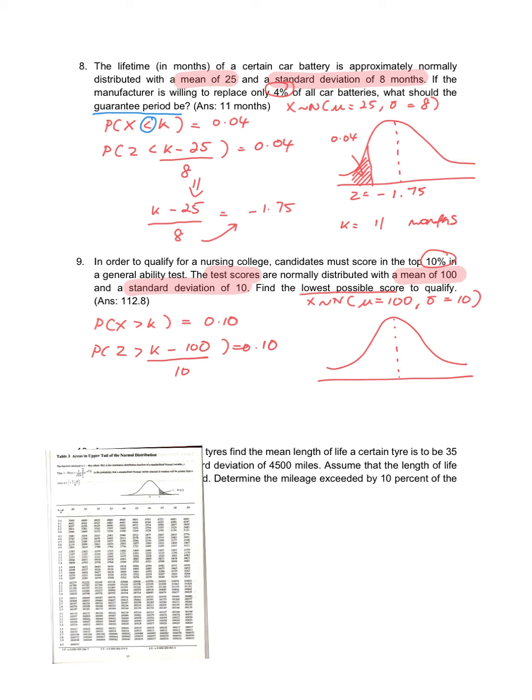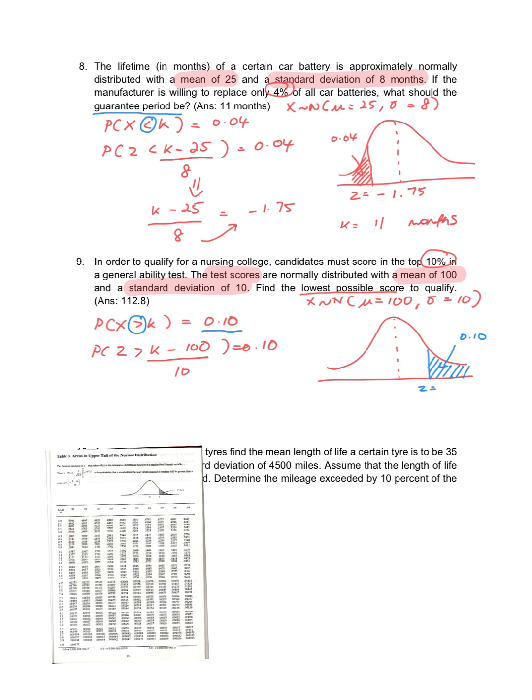The sign are given to us more than, and then the probability value is 0.1, which is not more than 0.5. So meaning that the region should be at the right side. So meaning that our Z is at the right side, so Z should be positive value. Okay, so this area is equals to 0.1.